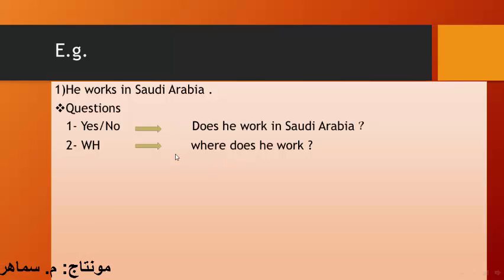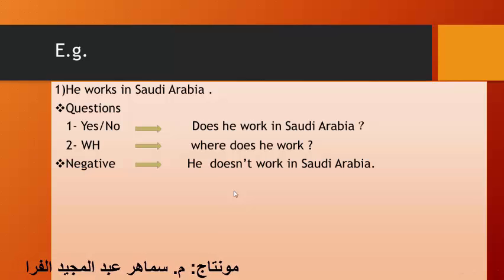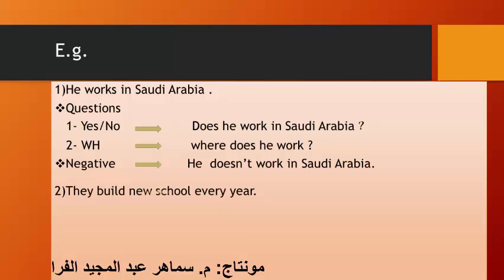And so the question is, where does he work? How can we make a negative? Negative can be done like this. He doesn't work in Saudi Arabia. We add not only after the helping verb does. And so the sentence will be, he does not or doesn't work in Saudi Arabia.